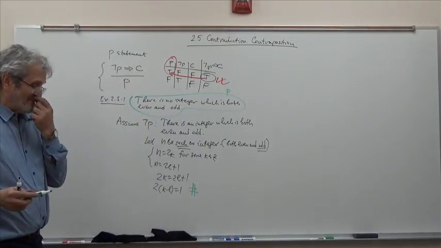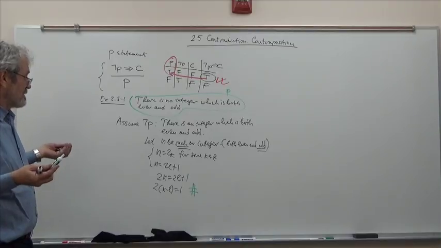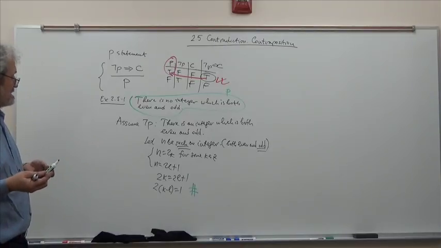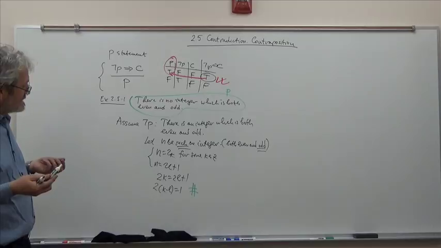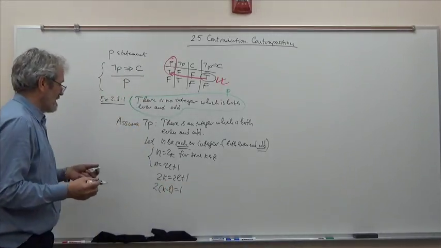Why? Now we need to argue. Maybe someone will say, yeah, that's obvious that it's not true, or we need a little more argumentation. Why would that be a contradiction?